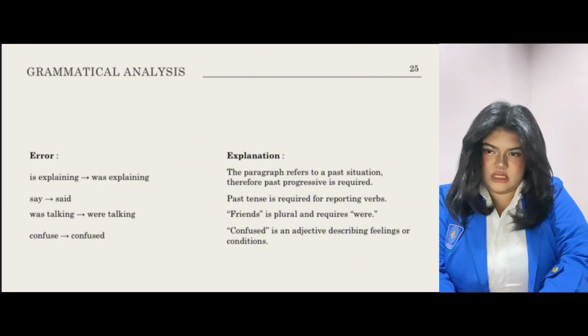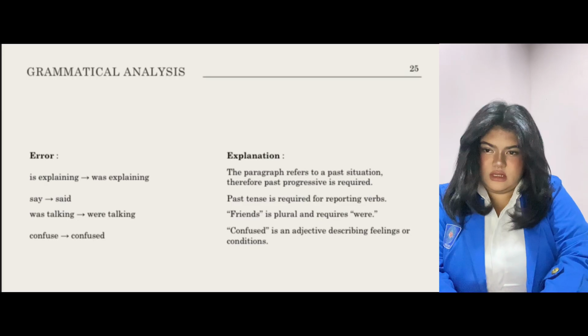So the grammatical analysis is: for the error, first, "explaining". It should be "was explaining". The explanation is: the paragraph refers to a past situation, therefore past progressive is required. Second, "say". It should be "said", because past tense is required for reporting verbs.